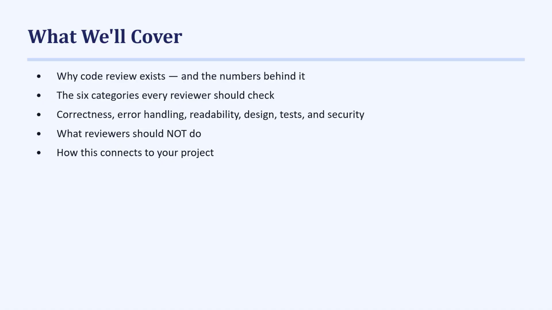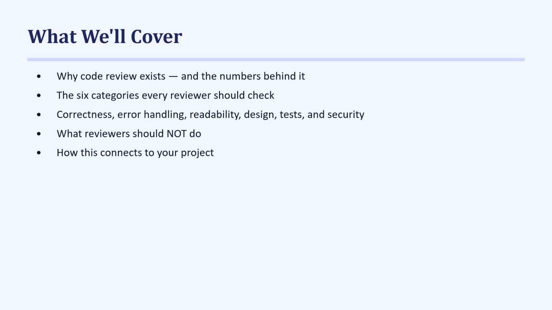Well, first, I want to talk about why code review is a standard practice in professional software teams, what we get out of it, and why it exists. Then we're going to talk about the 4 things, or at least 4 things, that reviewers look for.